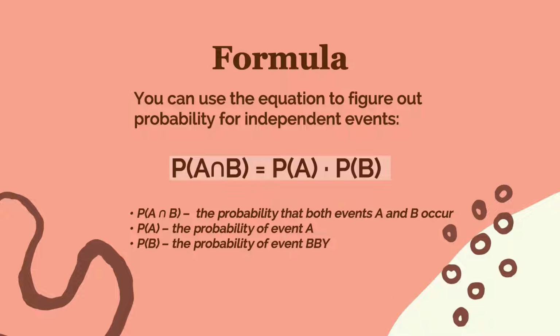You can use the equation below to figure out the probability for independent events. Here, the probability that both events A and B occur is equal to the product of the probability of event A and the probability of event B. Events A and B are independent if the equation holds true.